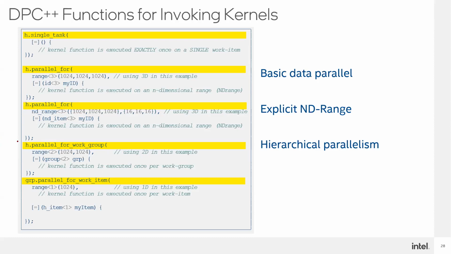It's explained in the specification itself, that this is actually mapping to the ND range approach. I don't clearly see the difficulty, but if you see the ND range, which is used explicitly in parallel for when it's using an explicit ND range concept, versus parallel for work group or parallel for item, you see it's a different method invoked, so a different hierarchical parallelism approach is used.